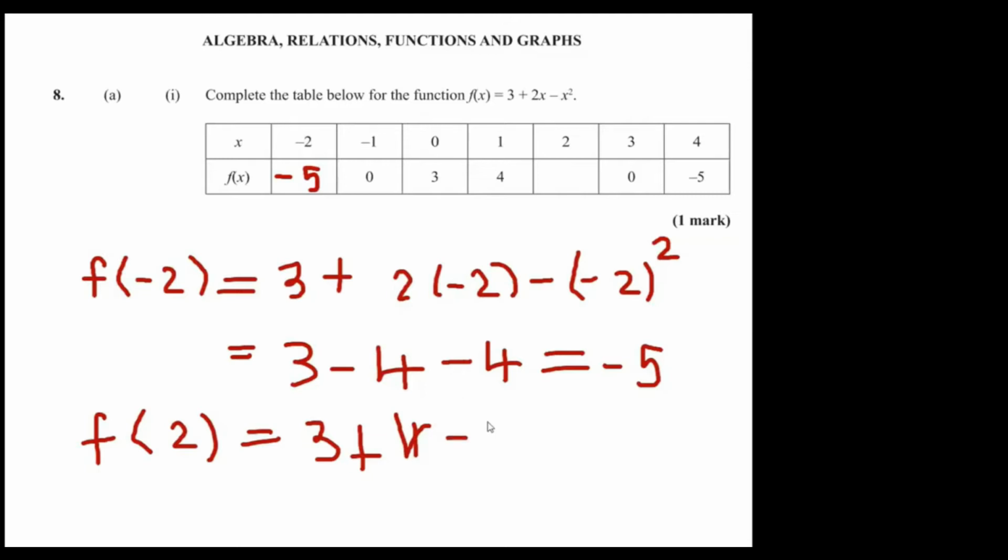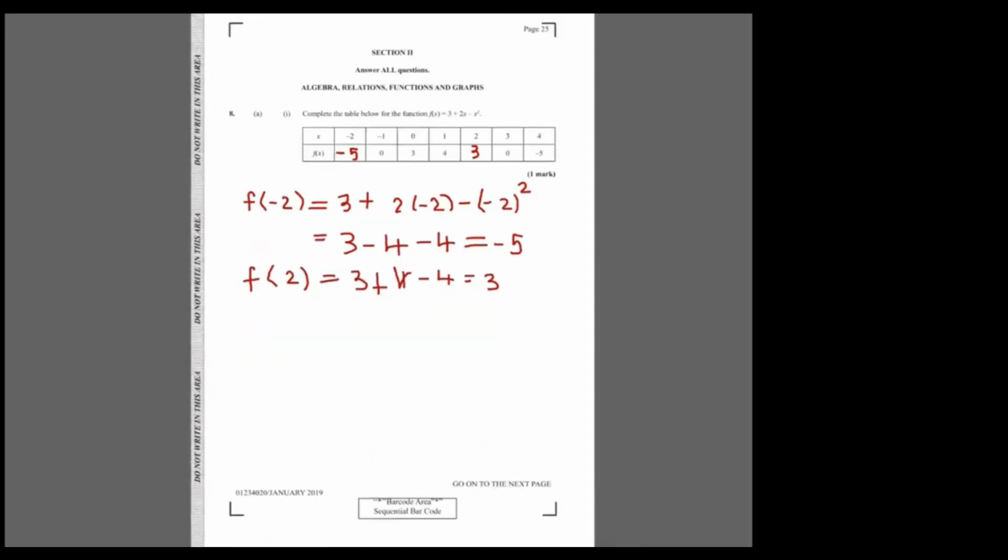Three plus 4 minus 4 works out to be 3. So f of 2 equals 3. Nice and easy, all right?